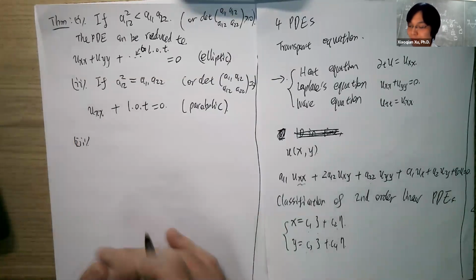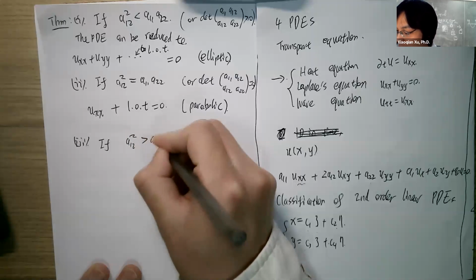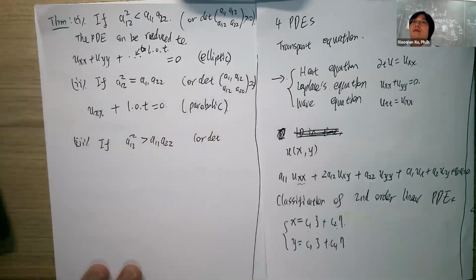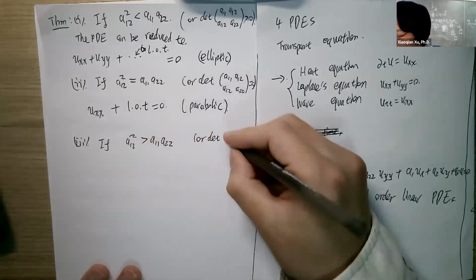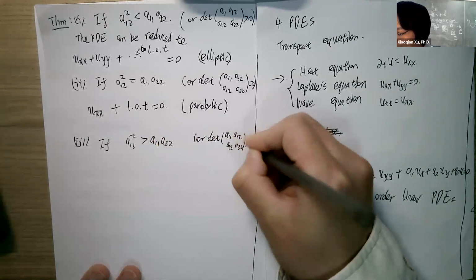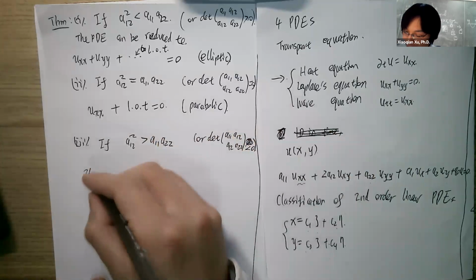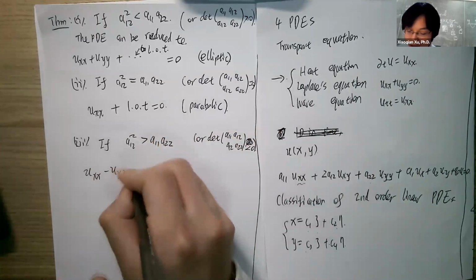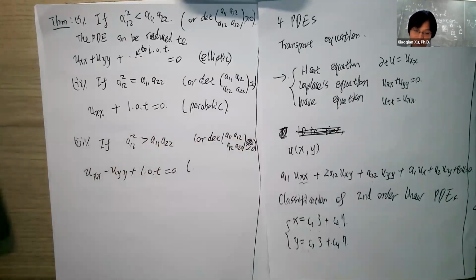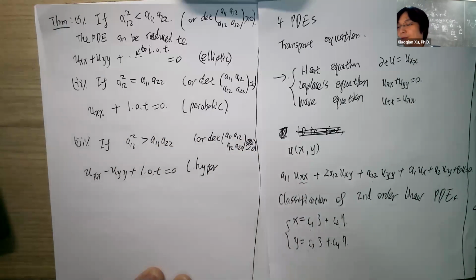And lastly, as you can imagine, if a12 squared is greater than a11 a22, you have two eigenvalues with different sign, then we eventually can change it to be uxx minus uyy plus lower order term. This is the so-called hyperbolic equation, hyperbolic type of second order linear differential equation.